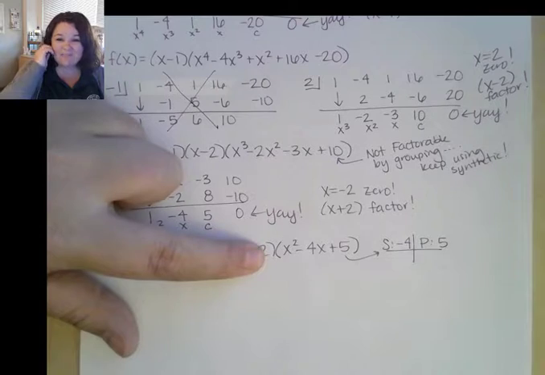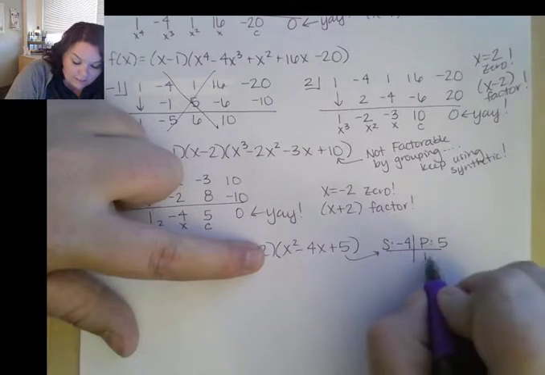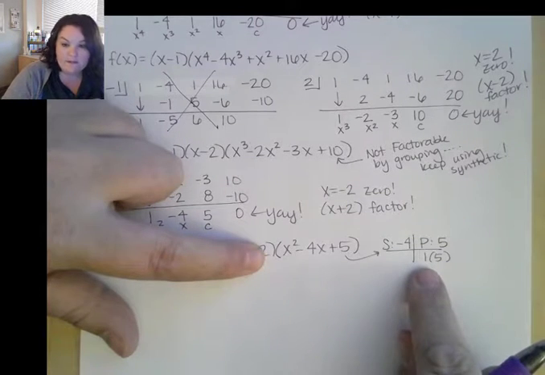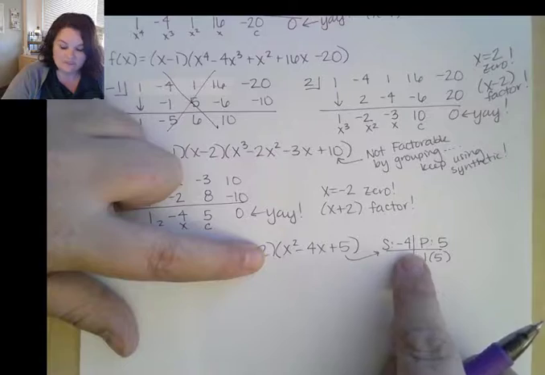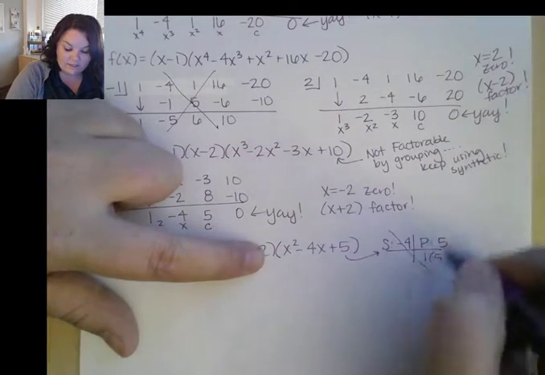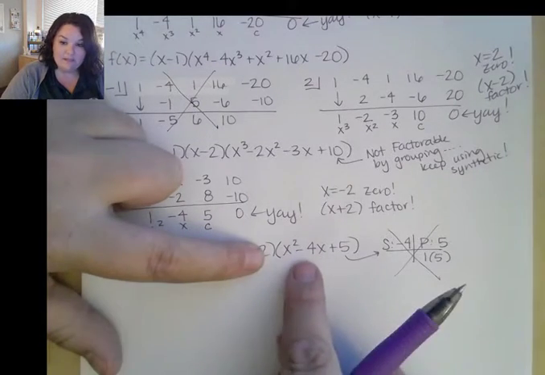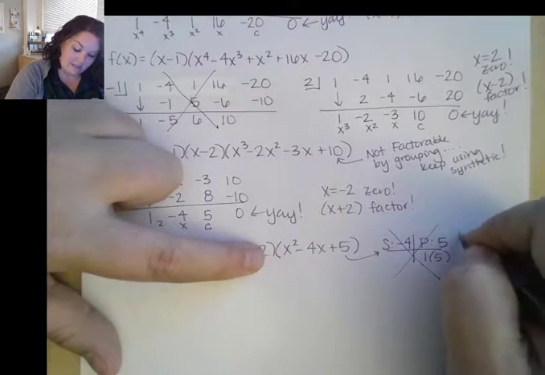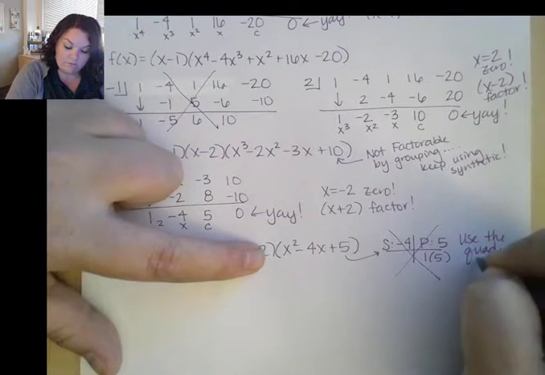Now it's a positive 5, so the only thing I can multiply to get a positive 5 would be 1 and 5. And that does not give me a -4, right? So if that does not give me a -4, then this is not factorable using the sum product method. So we're going to have to use some other method. So I'm just going to say, let's use the quadratic formula.